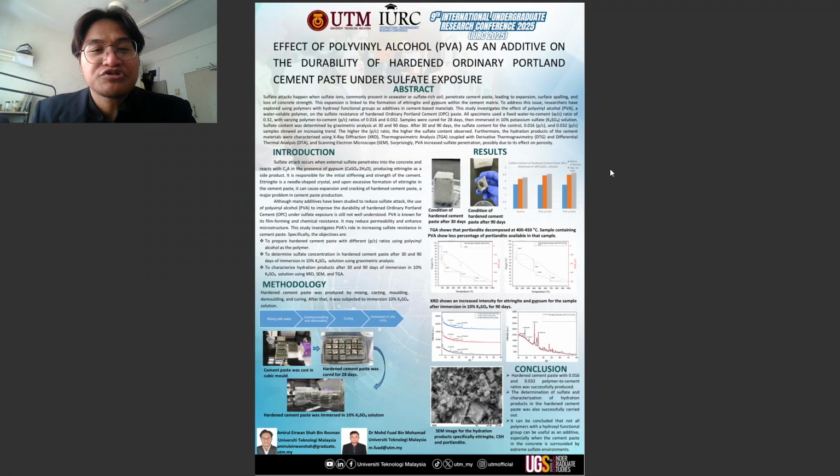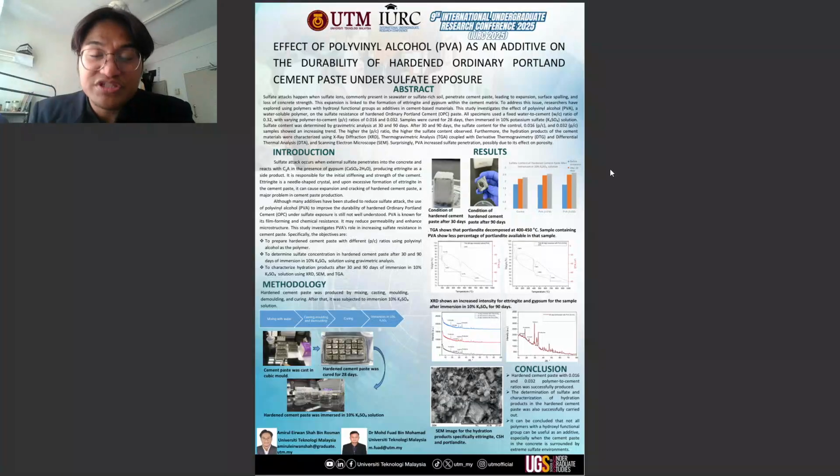Although many additives have been used to reduce sulfate attack, the use of PVA is still under research. PVA is known for its film forming and chemical resistance, so it may reduce the permeability. Why do we want to reduce the permeability?